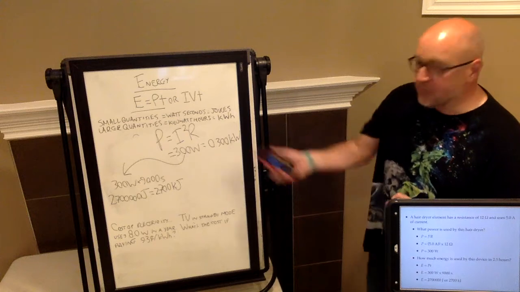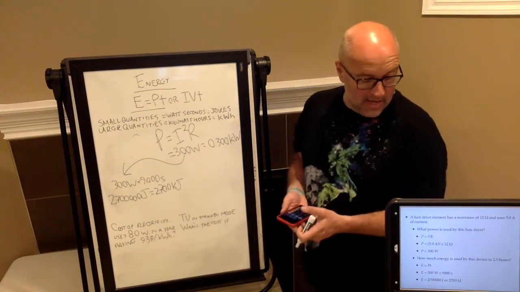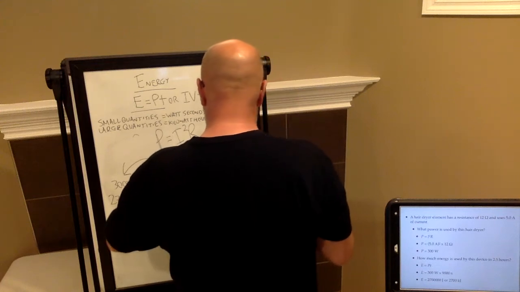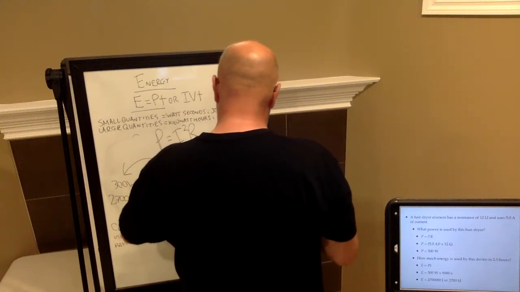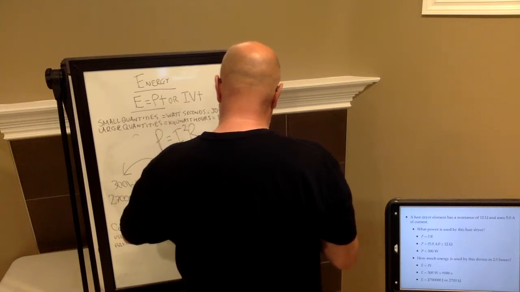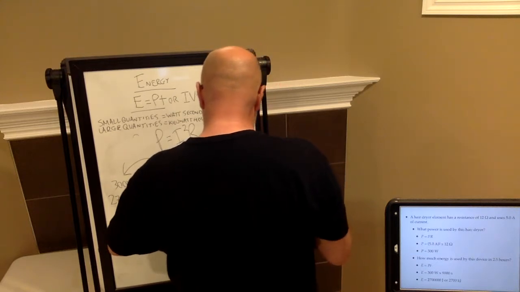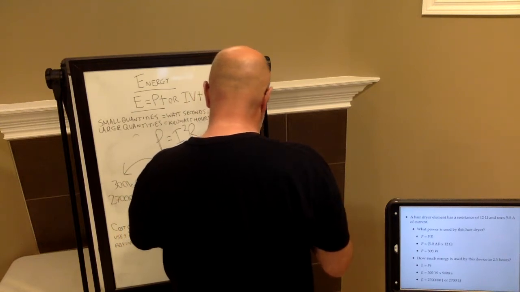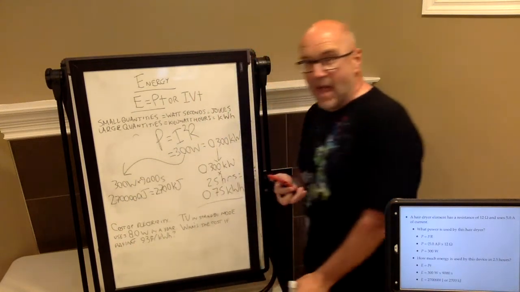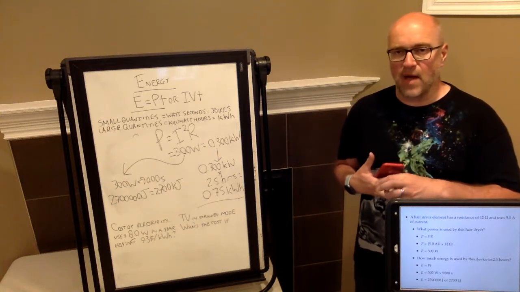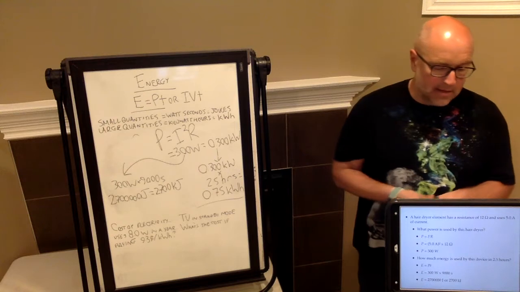However, I've also calculated kilowatts, and my hours are already converted properly. So 0.3 kilowatts times 2.5 hours, last time I checked, is 0.75 kilowatt hours, and you can double check the math, but I'm pretty sure it's 0.75 kilowatt hours.